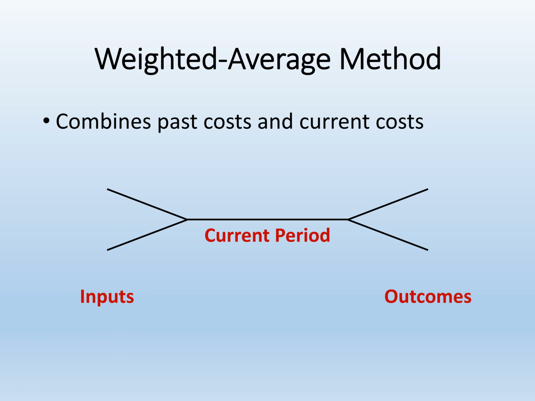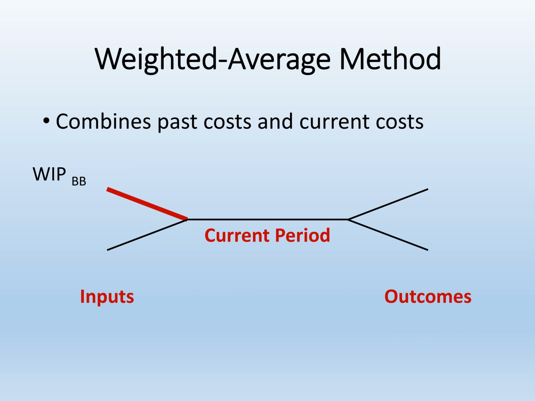The left side of the diagram is the input side. It shows where things came from. The middle of the diagram shows what the firm had to work on during the period. And the right side of the diagram shows what happened to whatever the firm was working on.